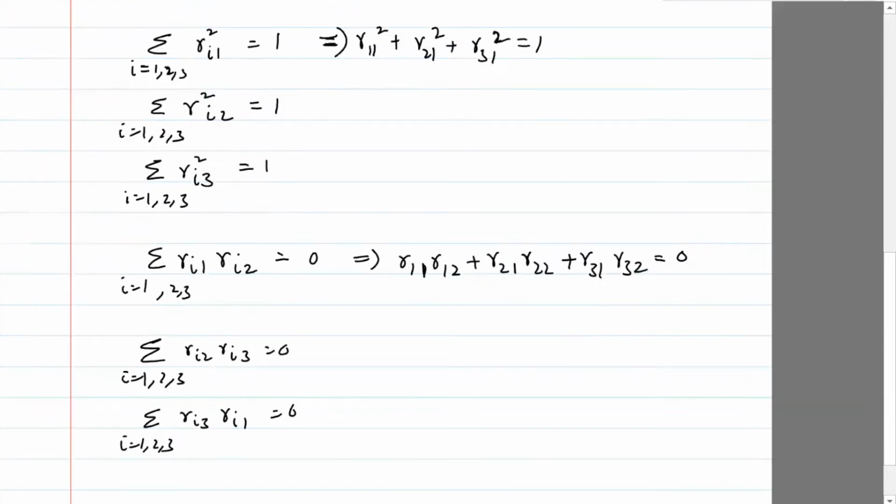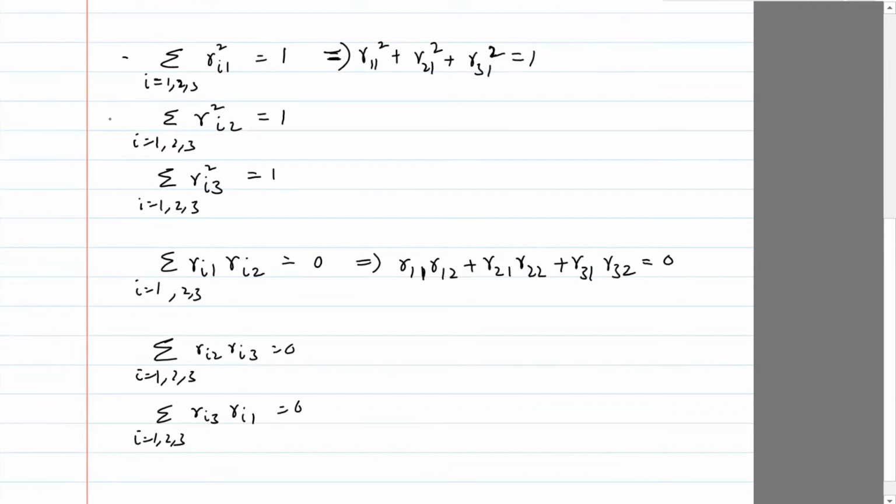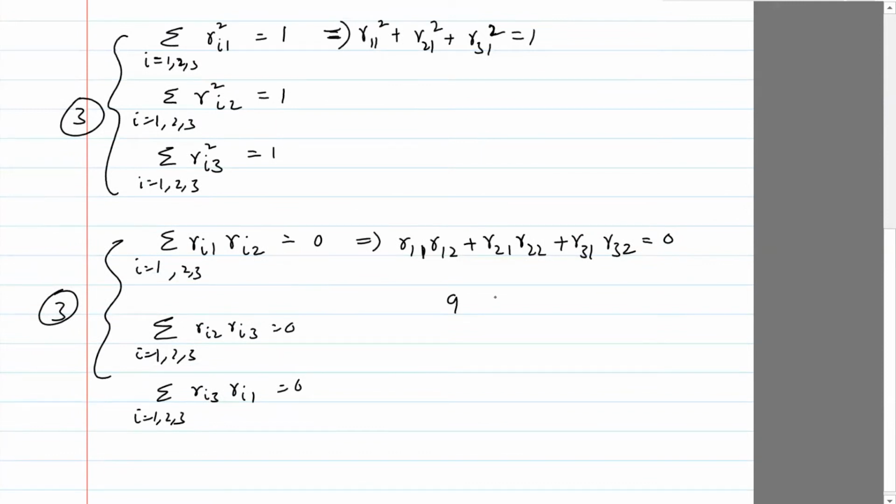And so what we see is that there are 3 conditions. So we have 9 numbers, right? 9 numbers correspond to the R's, but there are 6 constraints. Think of those constraints as equations which these R's have to satisfy. So if you have 9 numbers and 6 constraints, you're left with 3.